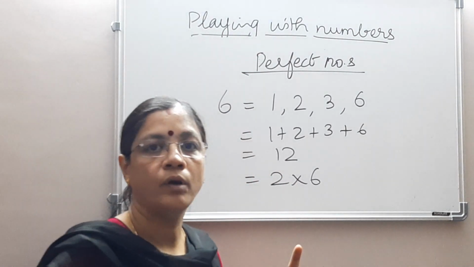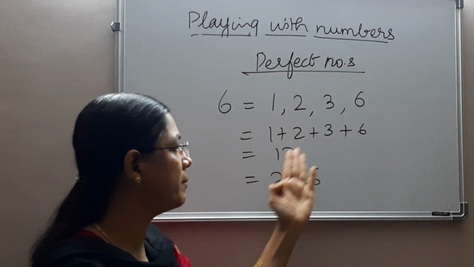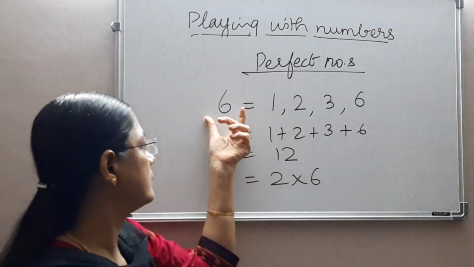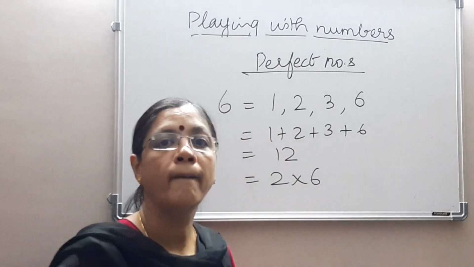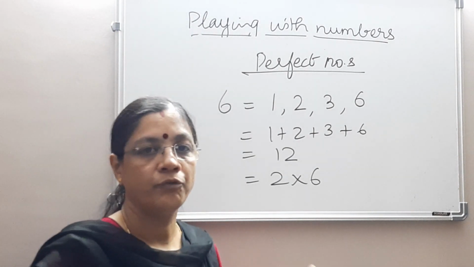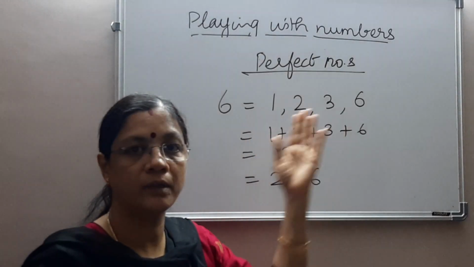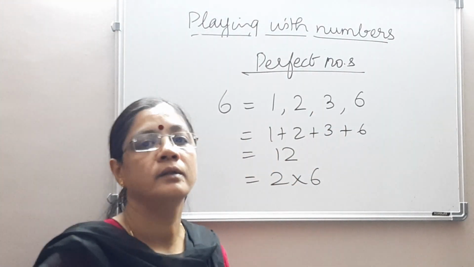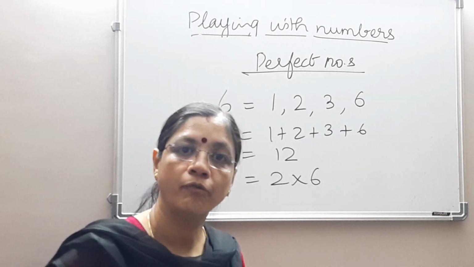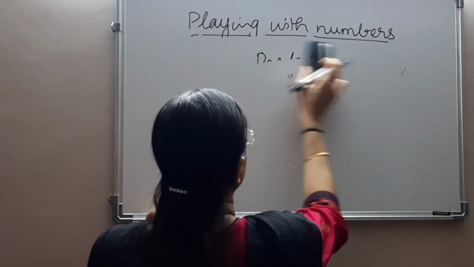So if for any number you have factors whose sum is just twice the number, then that number is called a perfect number. You can try it out for other numbers too. If you get the sum of all the factors of that number to be double the number, then that is termed as a perfect number. Now do you understand what is a perfect number? Yes. Now this is a perfect number.